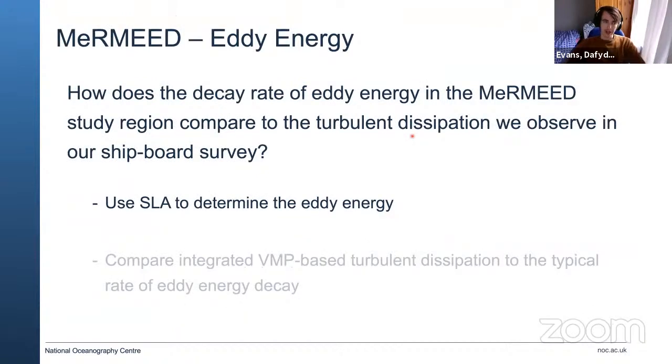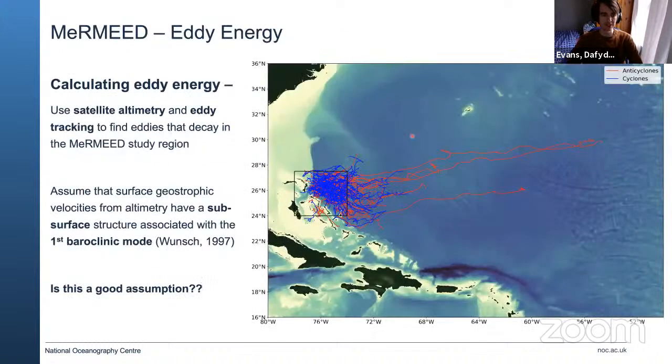So the question now is, what do these observations of elevated dissipation associated with flow-topography interactions mean? How do they affect the eddy energy in this region, and do they contribute to what we know about western boundary regions as eddy energy sinks? The first step to understanding this connection is to look at the rate of eddy energy decay in this region, and we do that using satellite altimetry, sea level anomaly data.